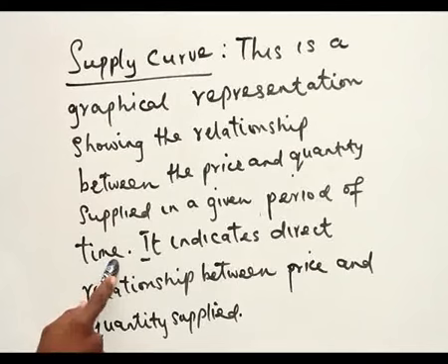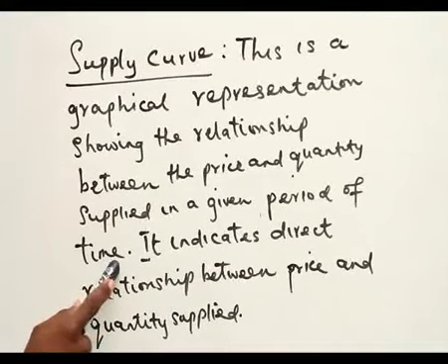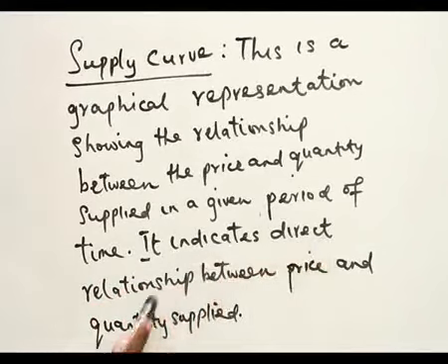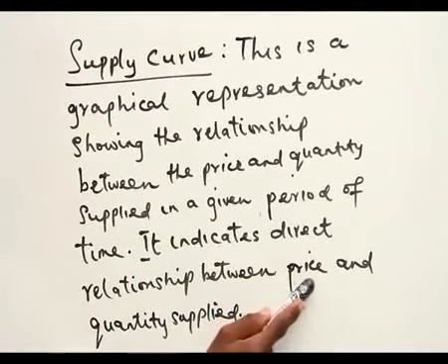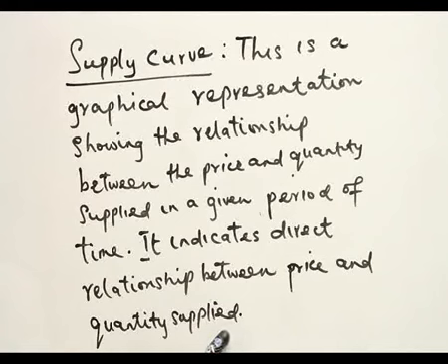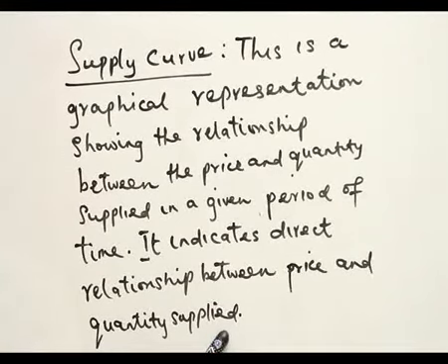And what is it going to tell us? That is the graphical representation of the supply schedule. In the supply curve, we are going to discover this. That is, it indicates a direct relationship between price and quantity supplied. That is, the relationship between price and quantity supplied is direct. So with the help of data, we are going to demonstrate that now.